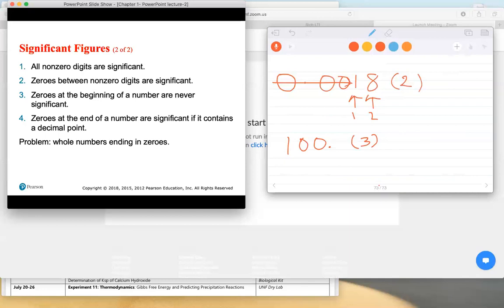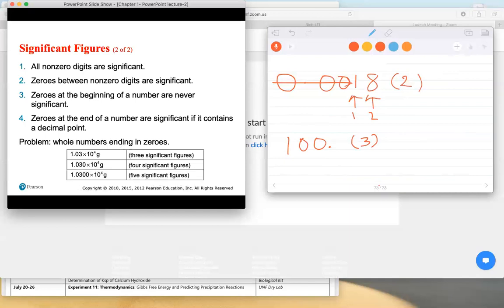When you have zeros at the end, you have to use scientific notation to indicate that, all right? For example, here, this has 3 significant digits. Anything on this side of the multiplication sign, when a number is expressed in scientific notation, does count as a significant figure.